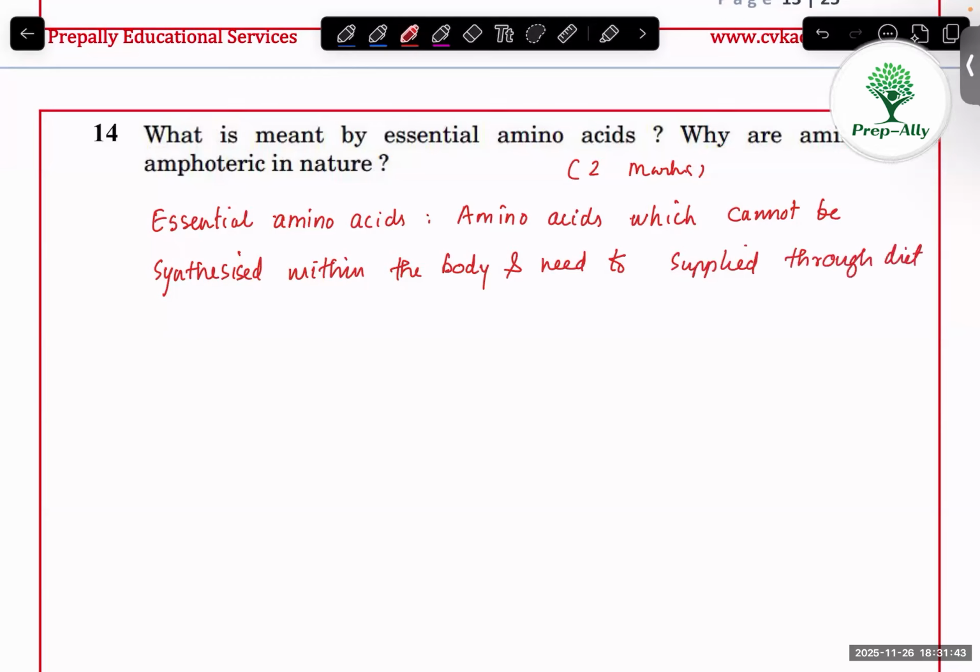That is the key point here. Essential means we cannot get them from our own body. We need to supply them through diet. So the first part is done.